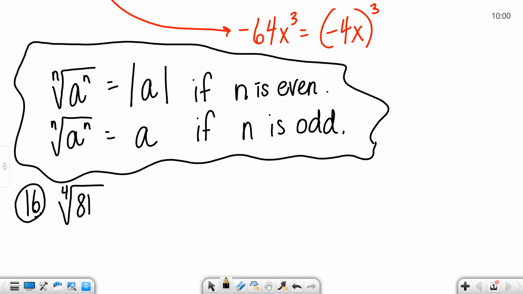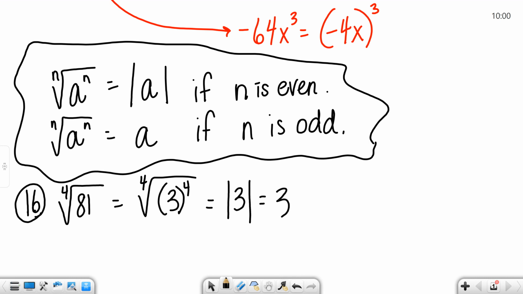So the fourth root of 81. Let's think about it like this. You don't necessarily have to write this step down, but 3 to the fourth is 81. So notice my n value here is 4, which is an even number. So I take the absolute value of 3. Well, I can mathematically do that. The absolute value of 3 is 3.